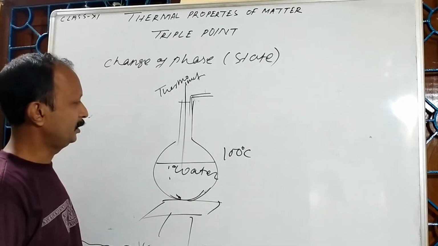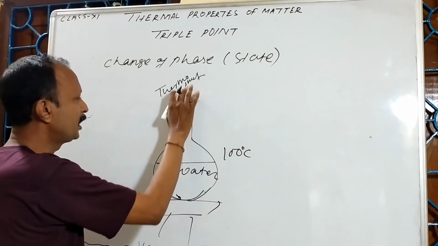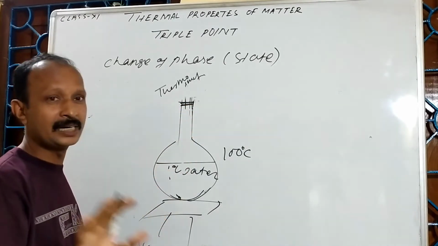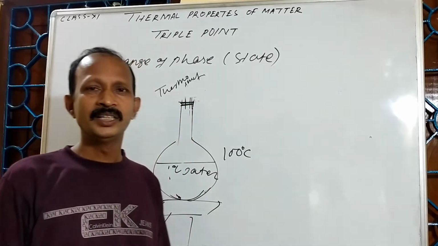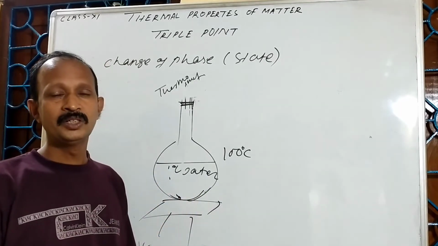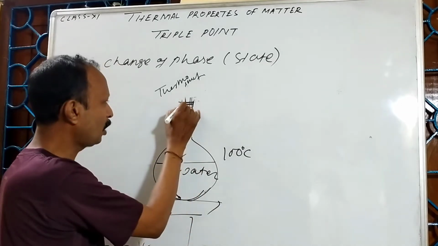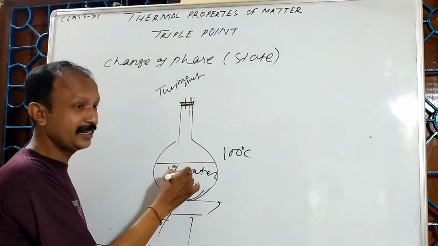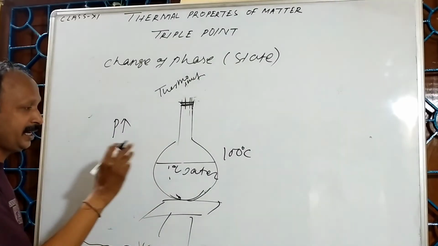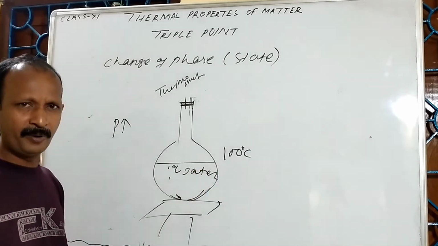Now let us do one thing. Suppose you remove this one. You close it. Remove the thermometer. You close this container completely. You will find that the boiling stops. Why does the boiling stop? Because when I closed it, pressure inside increased. So when the pressure increased, what about the boiling point?